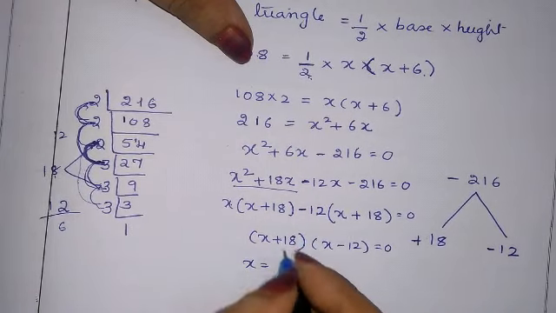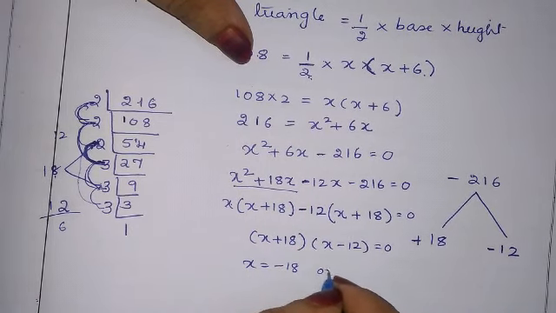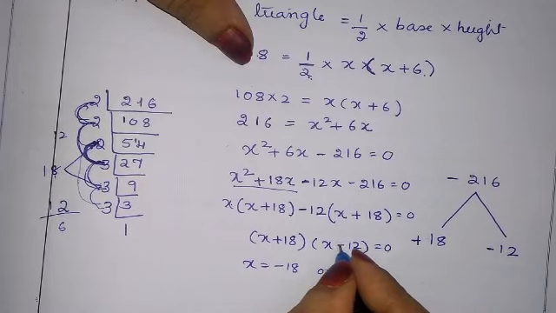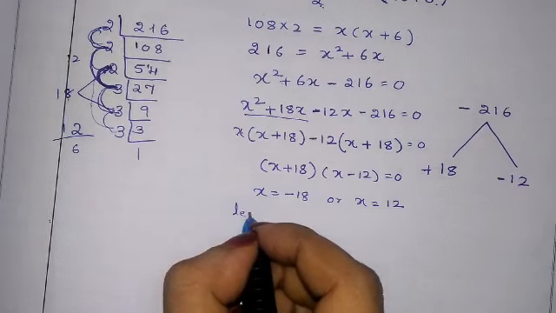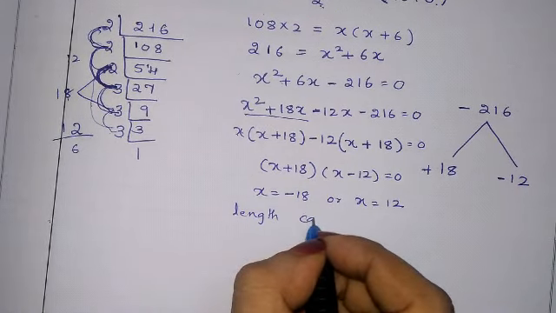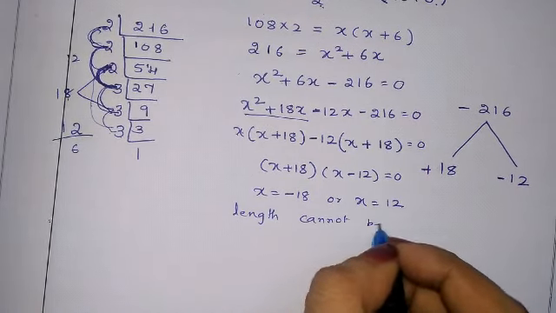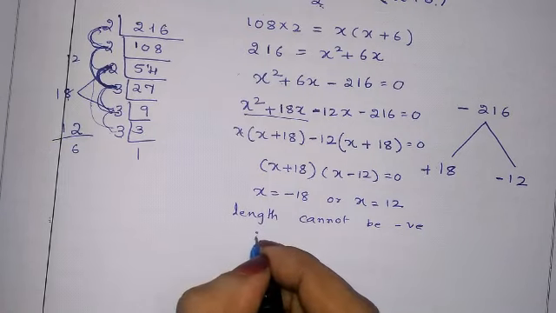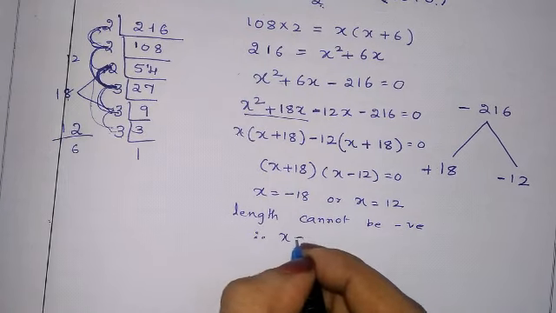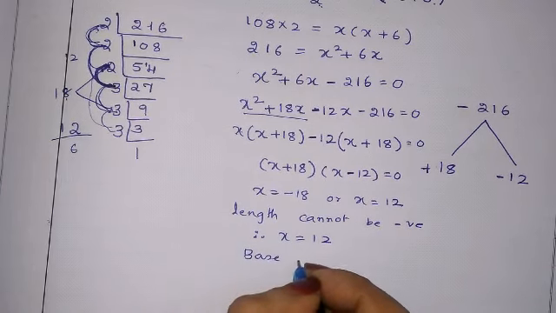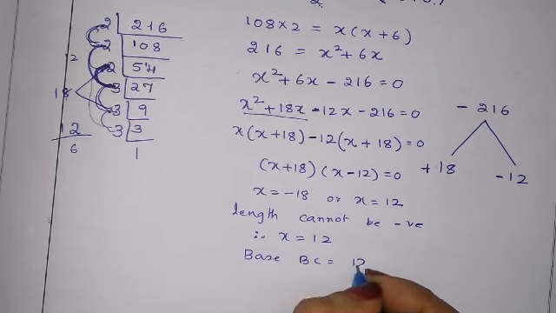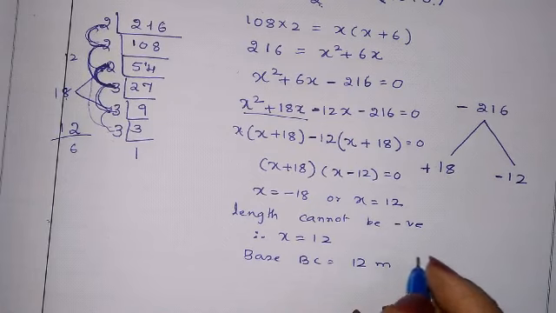x is equal to minus 18, or x is equal to 12. Length cannot be negative. Therefore, x is equal to 12. That is, base BC is equal to 12 centimeter.